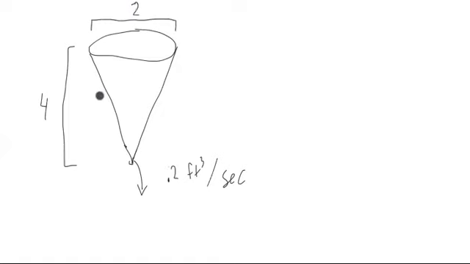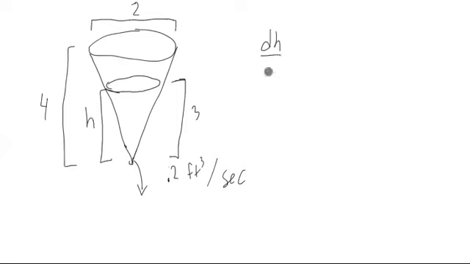Then the question is, right at a particular instant when the height is 3, so it begins at 4, but right here at this instant at 3, and suppose this is the height of the water, I'm interested to know what dH/dt is right then. What is it equal to?